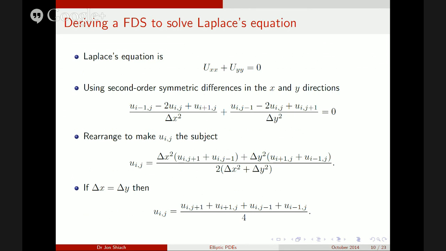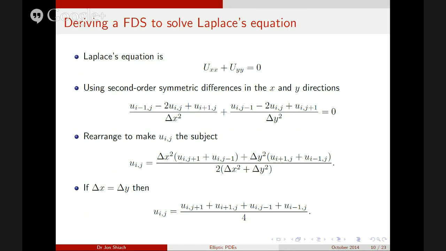I can simplify that a bit by letting my step length in the x direction be the same as the step length in the y direction. We don't have to do this; the only reason I'm doing it is to make the calculations easy. Next week, when you come to do the lab sheet exercises, we'll have different values for delta x and delta y. But for this example, I let delta x equal delta y, and this simplifies down to this.